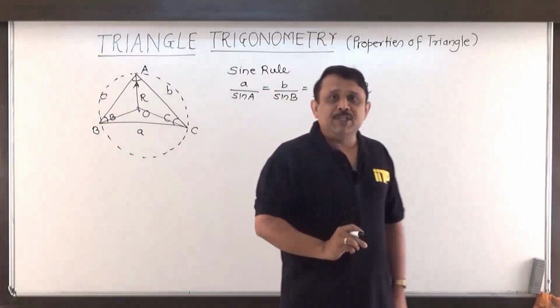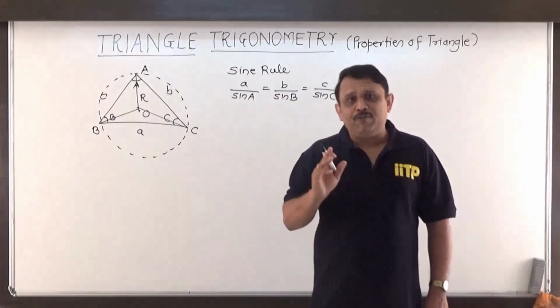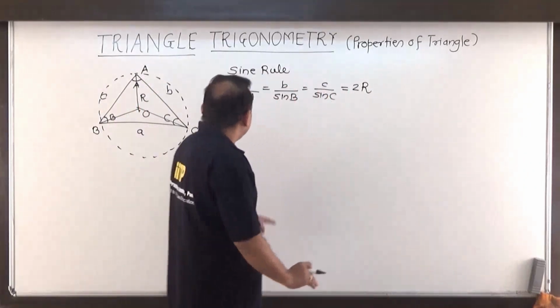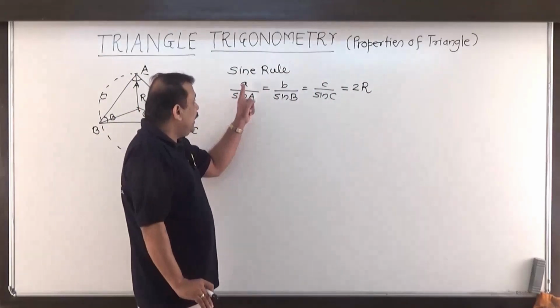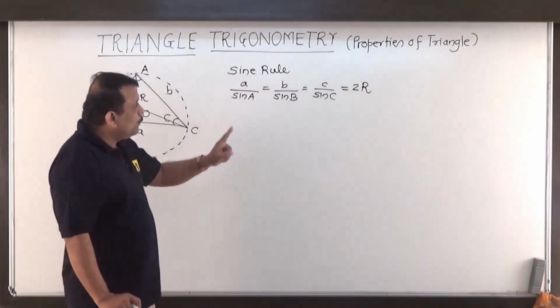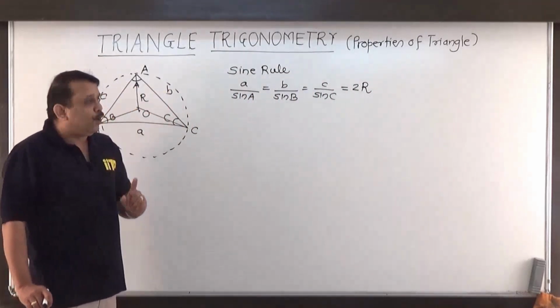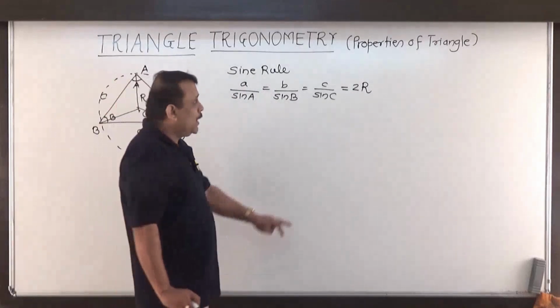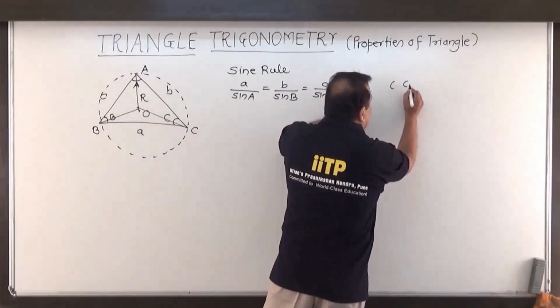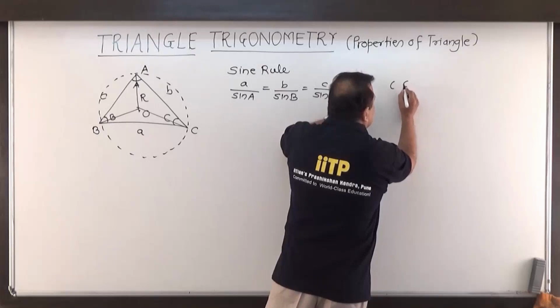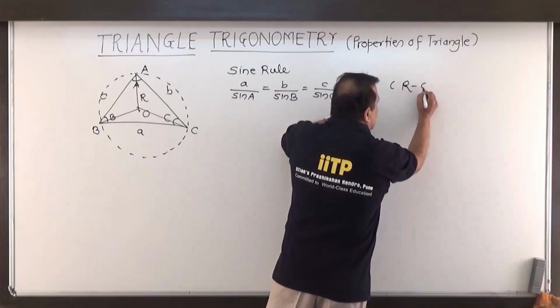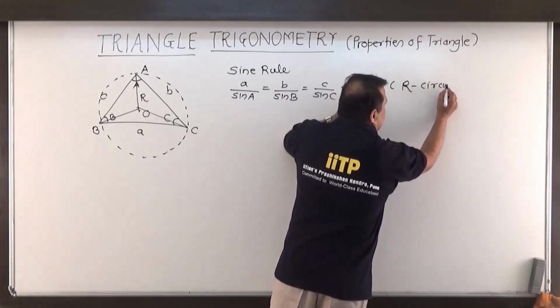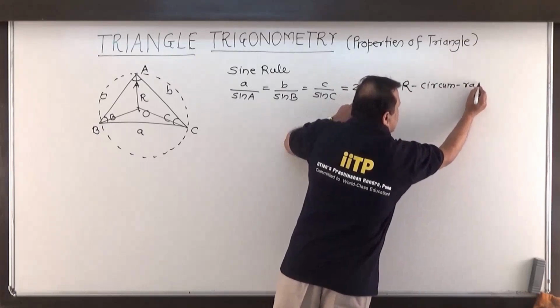Capital R, which is the circumradius of triangle ABC. So sine rule is what? a upon sine A is equal to b upon sine B is equal to c upon sine C is equal to 2R, where R is the circumradius.